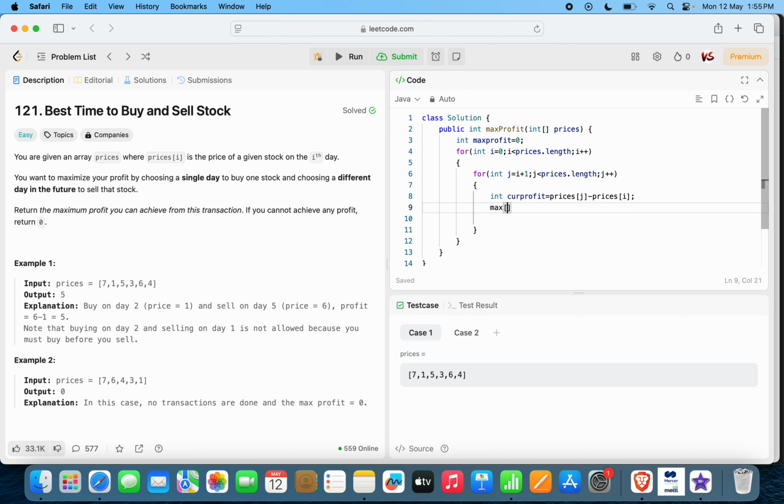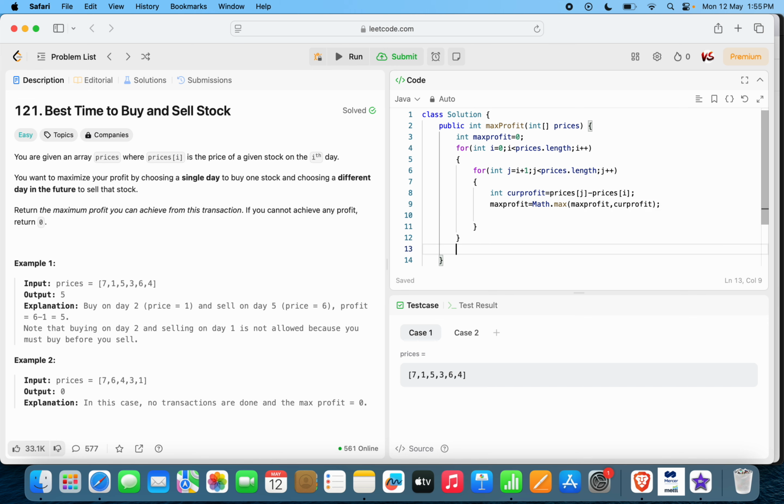We compare the current profit and max profit, keep the larger one, and finally return the max profit. So this is the brute force approach.